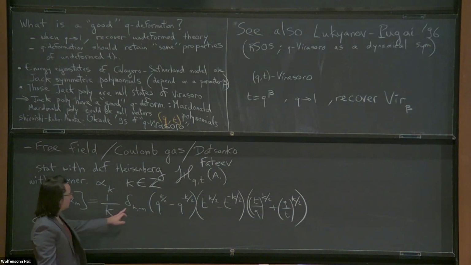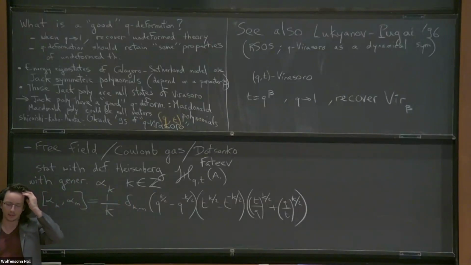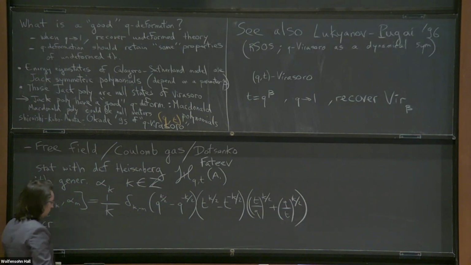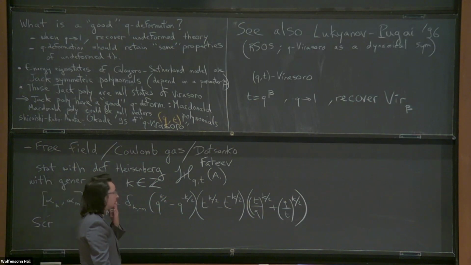This delta might spoil the rescaling. Well, you want to just rescale by this overall factor here, the square root. Yes, square root. I'm sure it would mess up other things, but just this formula by itself, the deformation wouldn't have much content.